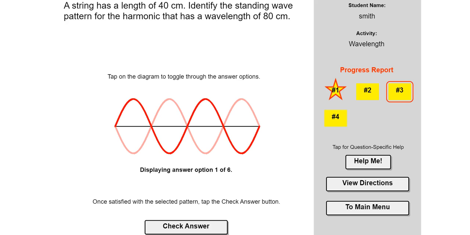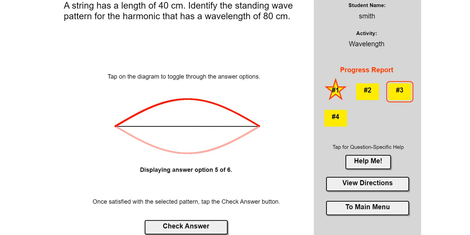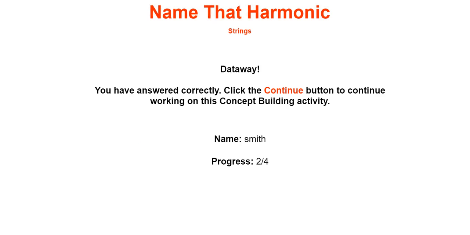Now, half a wavelength is one segment. Always got to remember, half of a wavelength will be one segment. And so since half of a wavelength is 40, and our string is 40, that means the thing must just have one segment. Okay, so that's how that one goes.